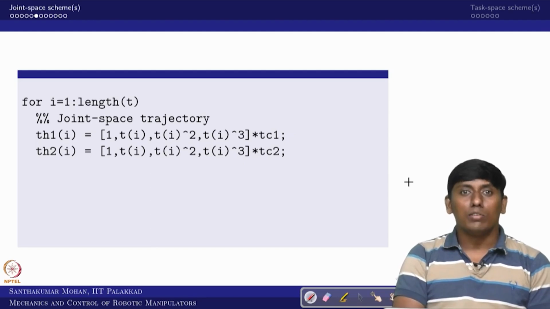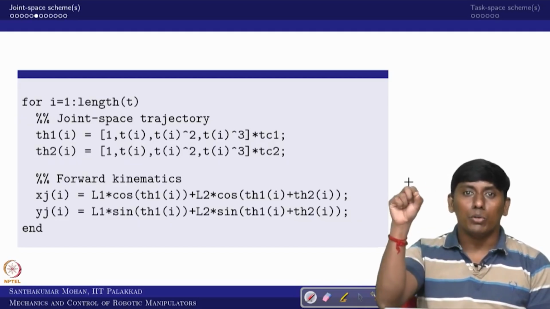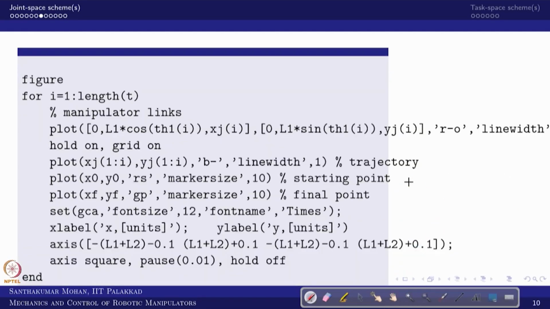So in that sense we can write theta 1 and theta 2 just to plot in an animated way. So we are trying to find the forward kinematic model so that your x end effector and y end effector can be visualized, and then you can show it in an animated way. For doing the animation, we have tried to take this particular MATLAB code.